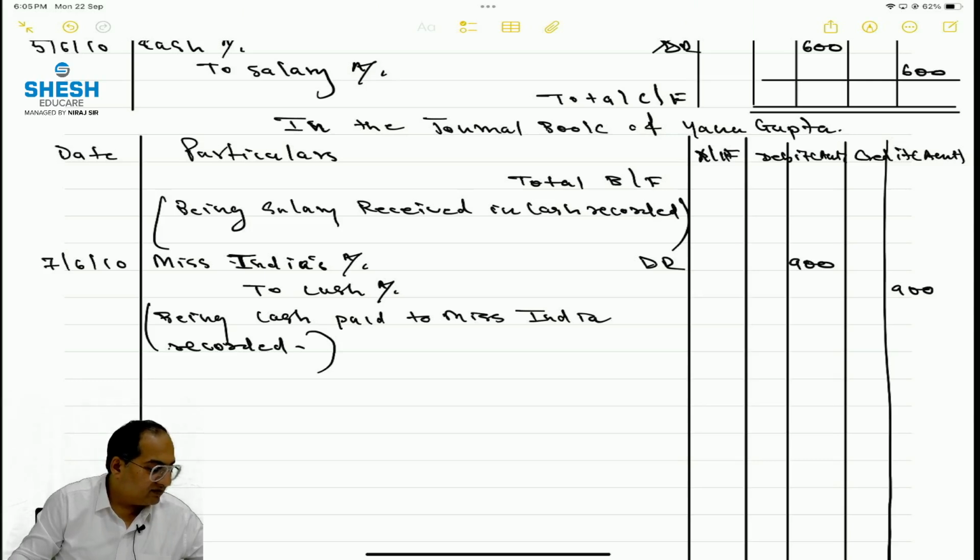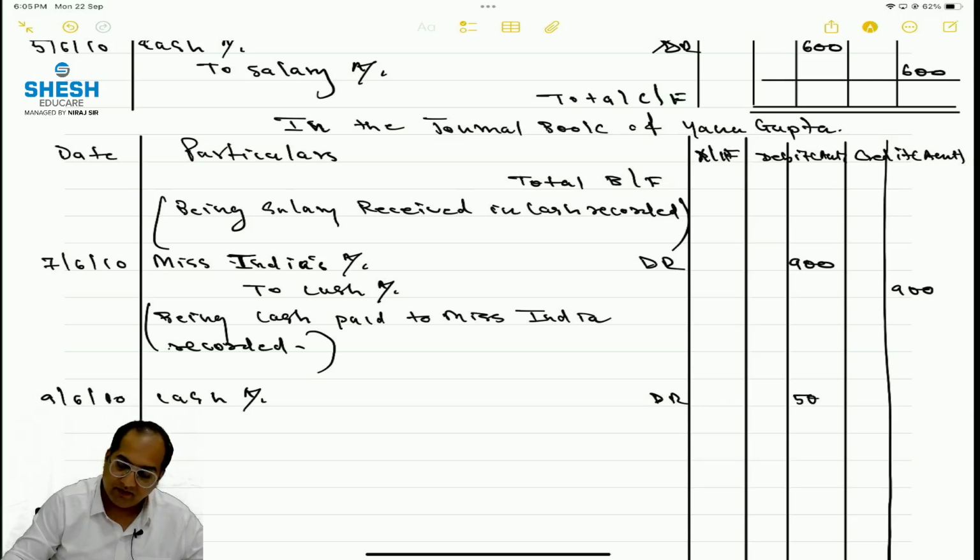Received cash from Miss Slim 500 on which date? 9th. Cash account debit because we received cash. Debit what comes in. How much? 500. And who is the giver? Miss Slim. So Miss Slim's account 500.